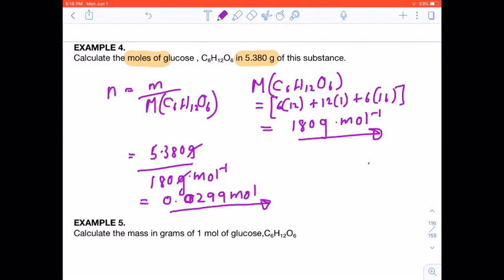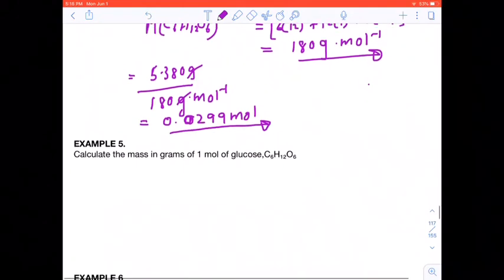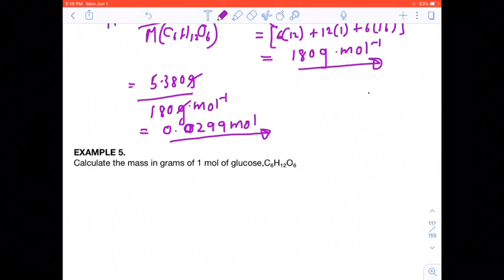Then let's look at the next one. It says calculate the mass in grams of 1 mole of glucose, C6H12O6. That's straightforward. I just want you to be able to apply this.